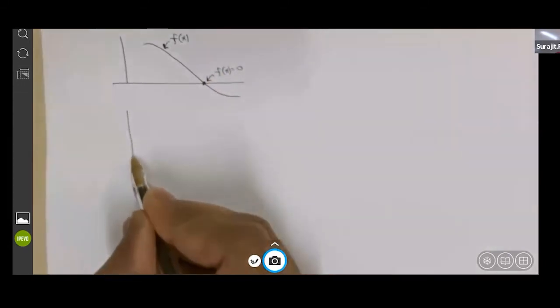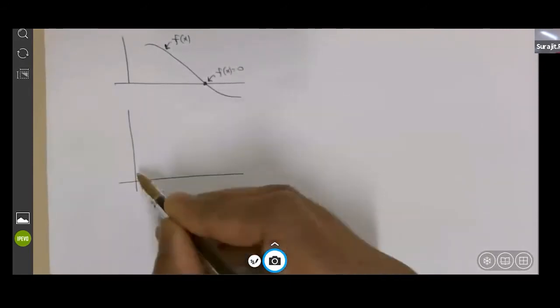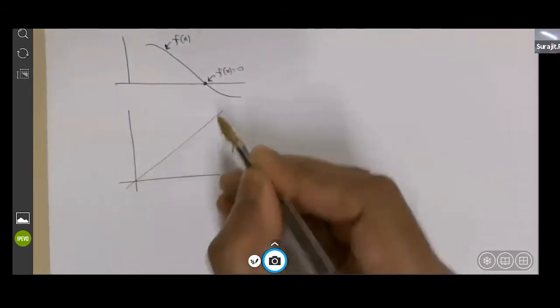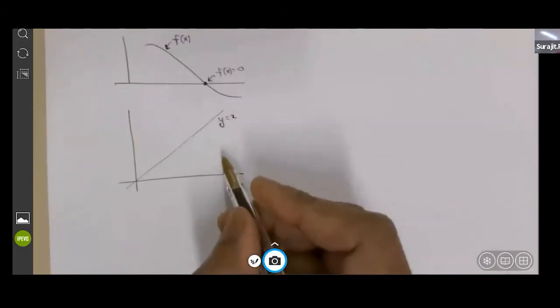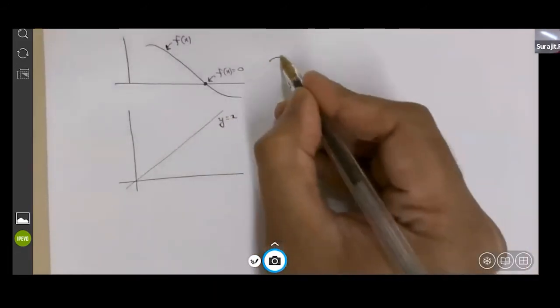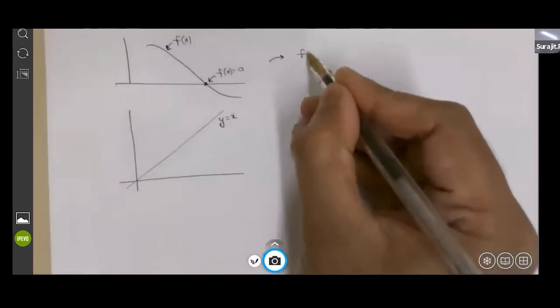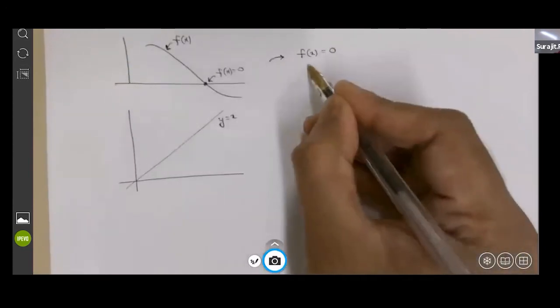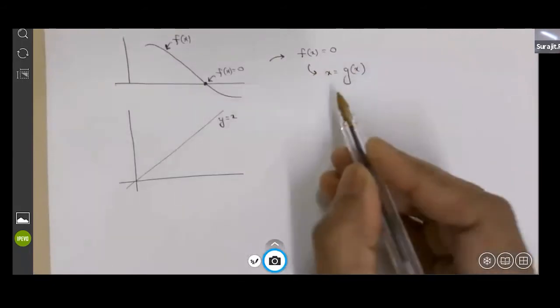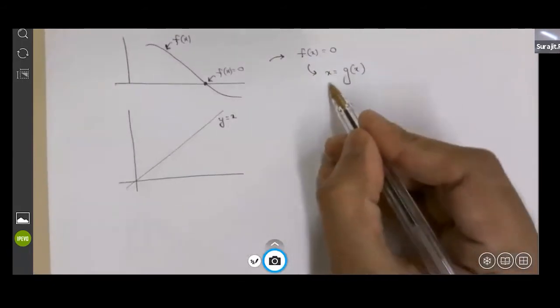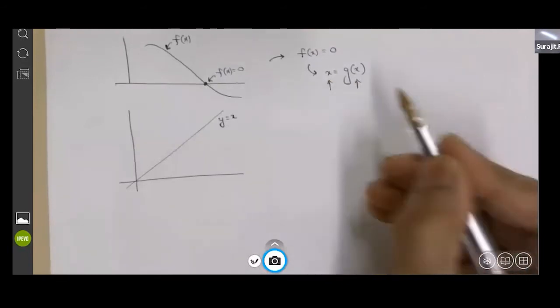This method is trying to solve for the intersection of two functions. When we are doing the fixed point iteration method, we are writing f of x equals 0 as x equals g of x.